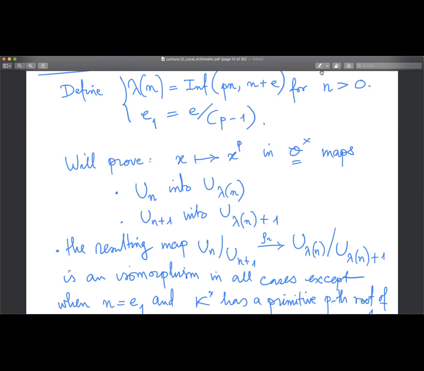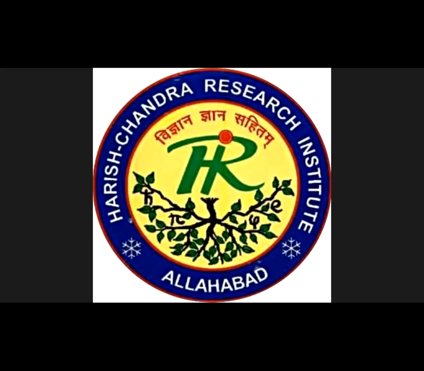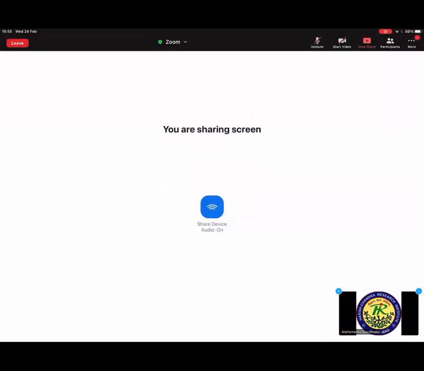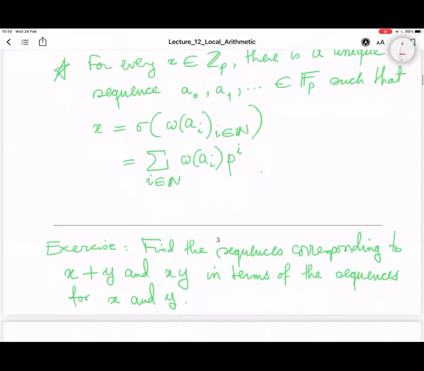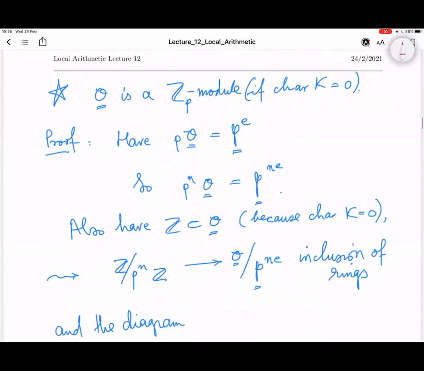Let me see if I can stop this share and share it from here. Okay, so it seems to be working again.